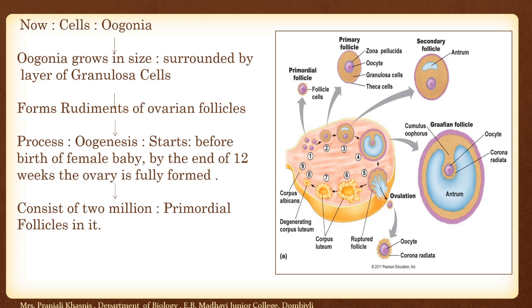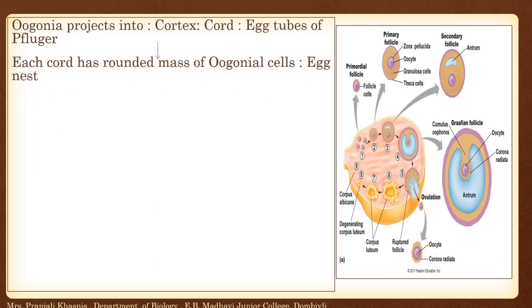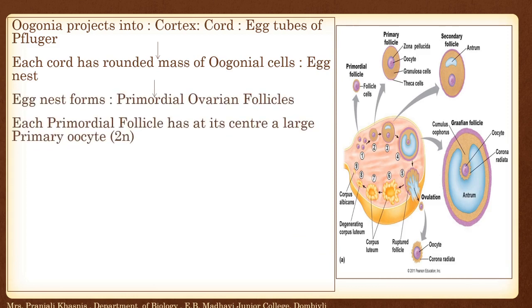By the end of 12 weeks, the ovary is fully developed and consists of 2 million primordial follicles. The cells of the germinal epithelium form a group of oogonia. Now oogonia project out as cortical cords called egg tubes of Pflüger. Each cord has a rounded mass of oogonial cells called an egg nest, and this egg nest forms primordial ovarian follicles.